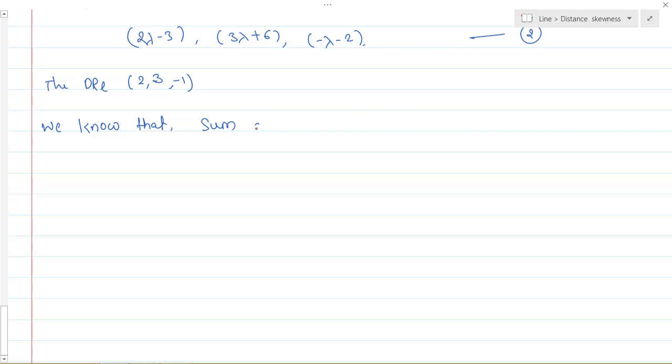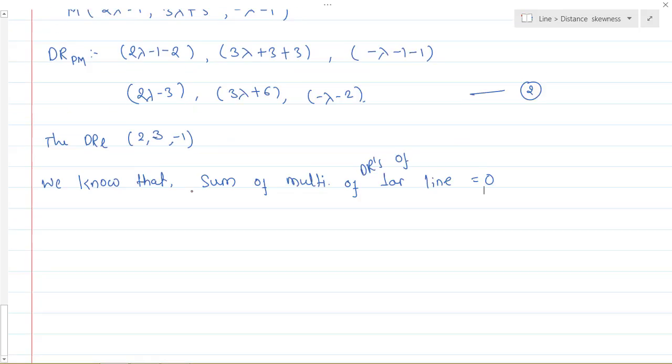the sum of multiplication of direction ratios of perpendicular lines is always equal to 0. So what will we get now?